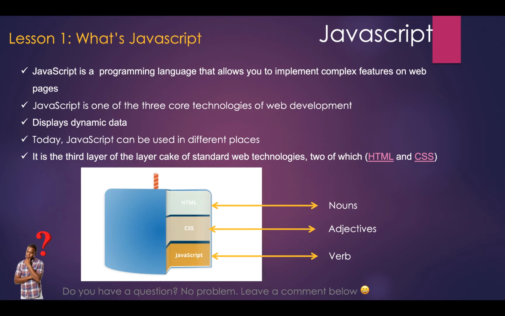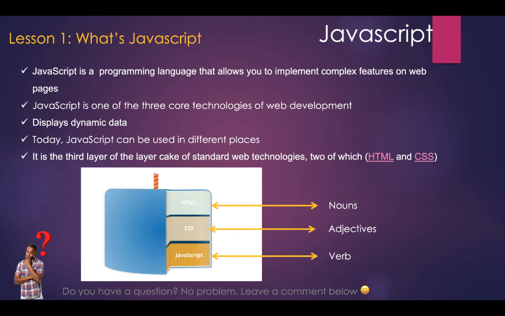And today JavaScript can be used in different places. Okay, before the emergence of technologies like Node.js and other languages, JavaScript ran only on the client side, that is the browser itself. So before I continue, let me point out that Java and JavaScript are different things altogether.